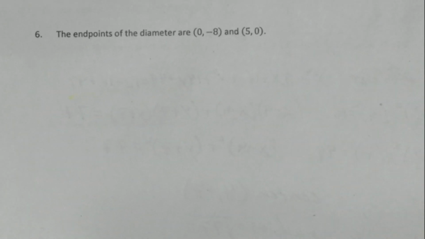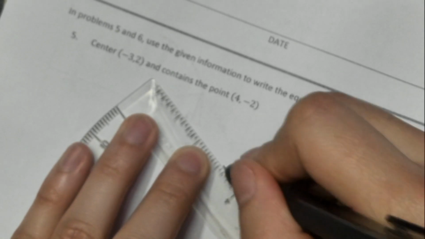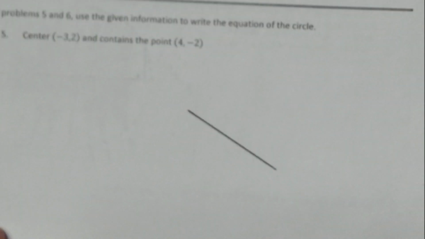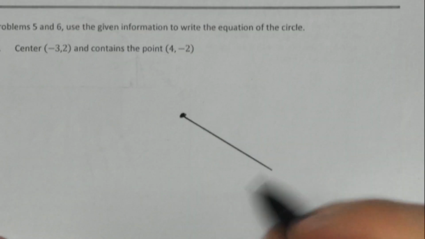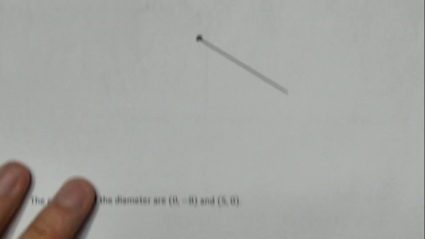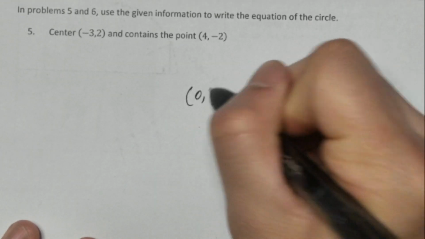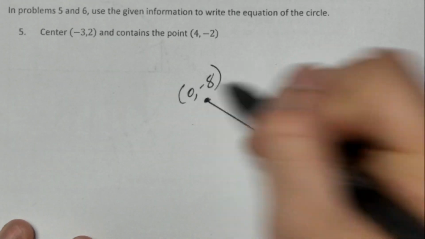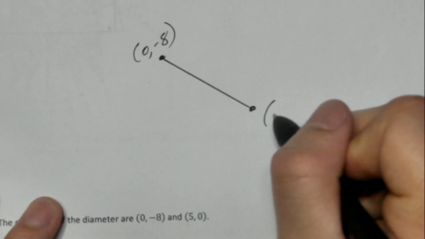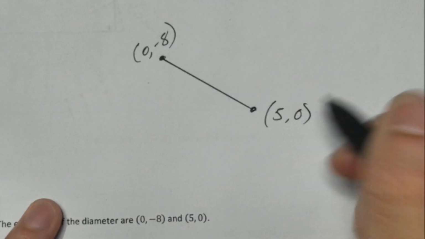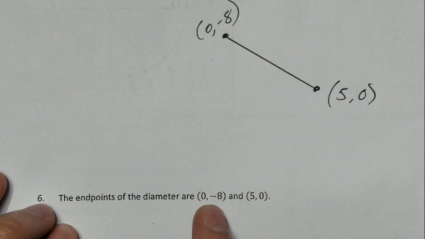First thing, I'm given the diameter. The diameter in a circle is just a straight line, right? This will be, let's say, the diameter of my circle. Let's say this will be the point 0, -8. And let's say this will be the other point 5, 0. Well, because these are the endpoints of the diameter.